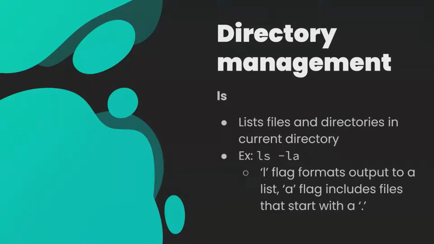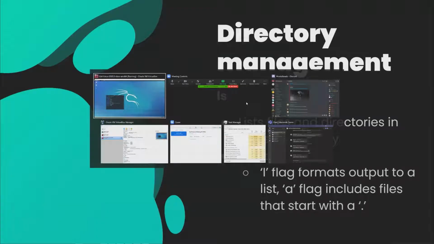So with ls -la, the l flag formats the output to a list, and the a flag includes files that start with a period. By default, when you run the ls command, Linux does not show files or folders that start with a dot because those would be considered hidden. And the l flag just lists it in a format that is much nicer, so I'll demonstrate that.